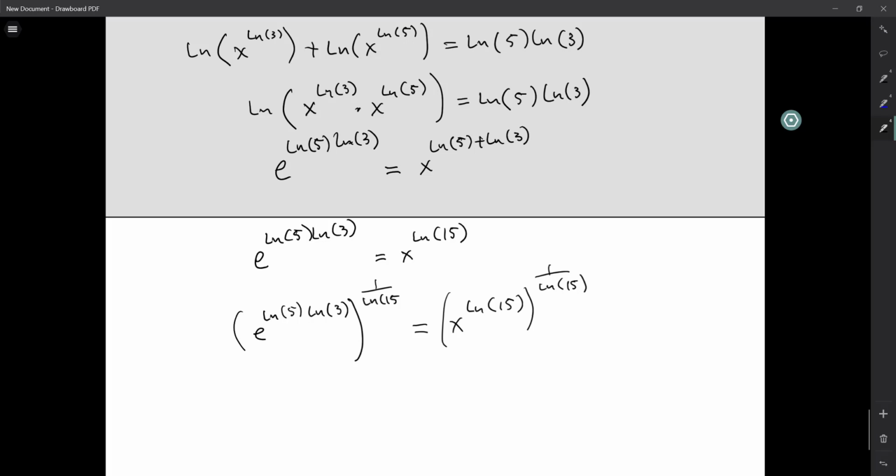Because exponents on exponents like this turn into multiplication of the exponents, these will cancel, giving me just x alone. My answer is e to the natural log of 5 times natural log of 3 divided by natural log of 15. I can't do anything to simplify that, so this is another really calculator answer.